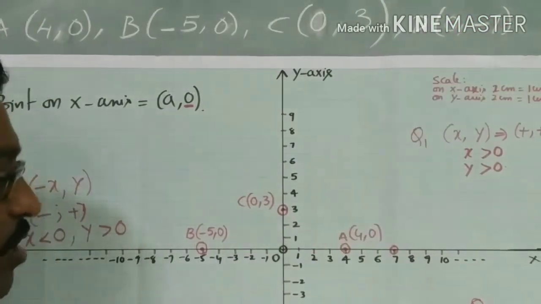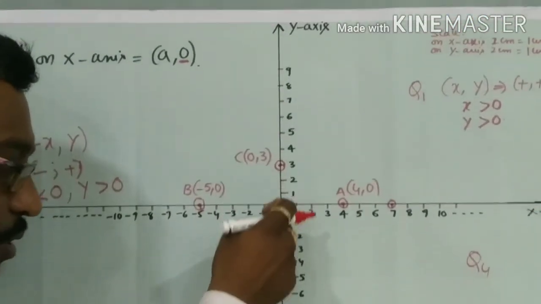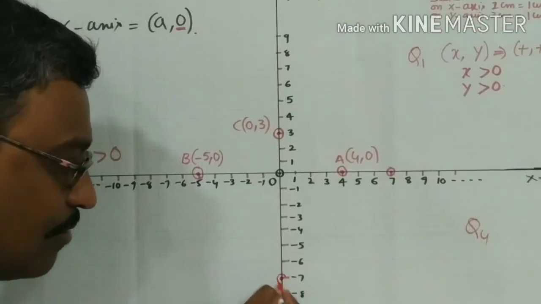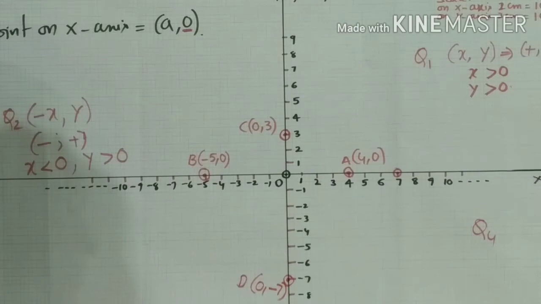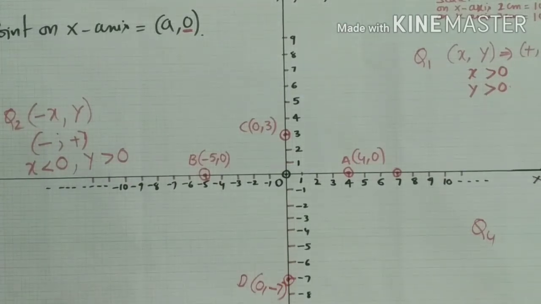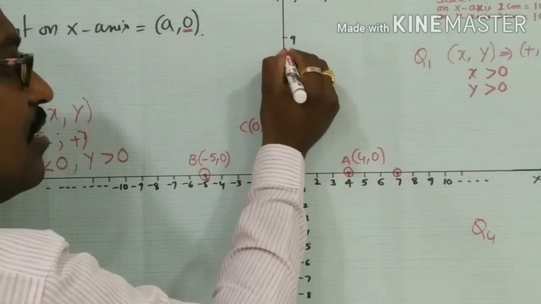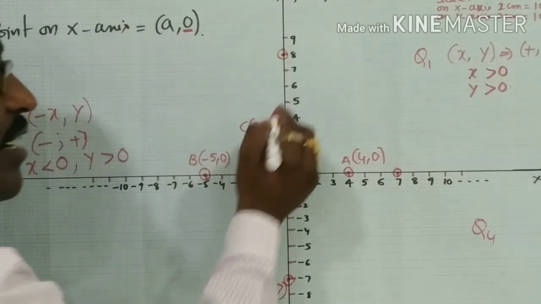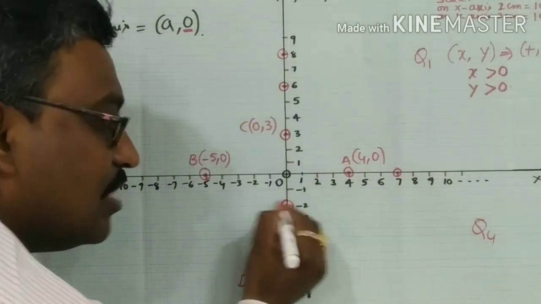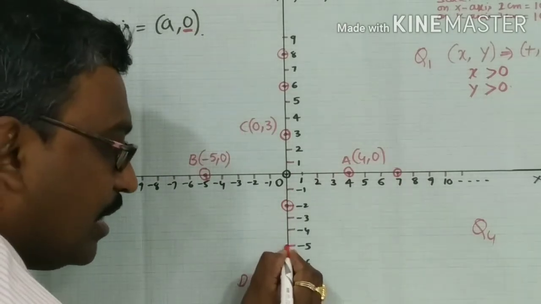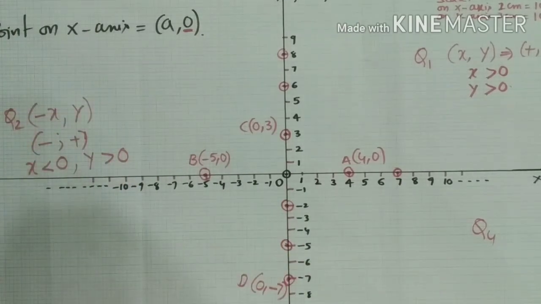Whereas D is 0 comma minus 7. This is 0 and it is minus 7. So D is 0 comma minus 7. Some more points we can discuss: 0 comma 8, 0 comma 6, 0 comma minus 2 and 0 comma minus 5.